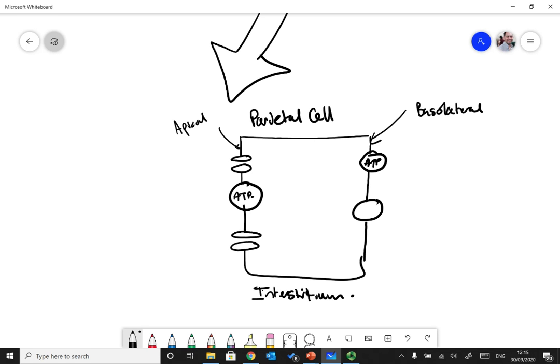So, in the interstitium, we've got CO2. The CO2 is going to find its way into a parietal cell, because that's what it does. It dissolves like crazy. There, it comes into contact with water, and CO2 and water enter into a reversible equation where they will form carbonic acid, H2CO3.